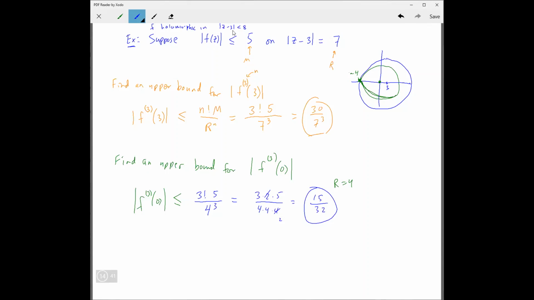Well, just on this circle here, it's always less than or equal to 5. We don't know which point it is. It might just be less than 5 everywhere.